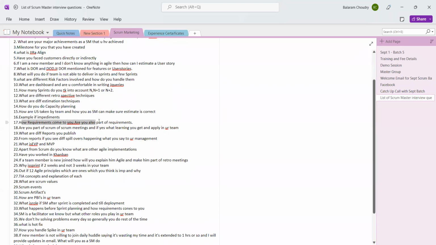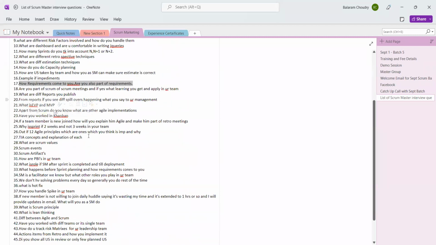Okay, how do requirements come to you, are you also part of it? Generally, as a part of sprint planning, we get the requirements. All the requirements are directly in charge of our product owner. He brings the requirements mainly in the form of epics. I generally connect with the PO to understand what epics we're planning to deliver in the coming few sprints.